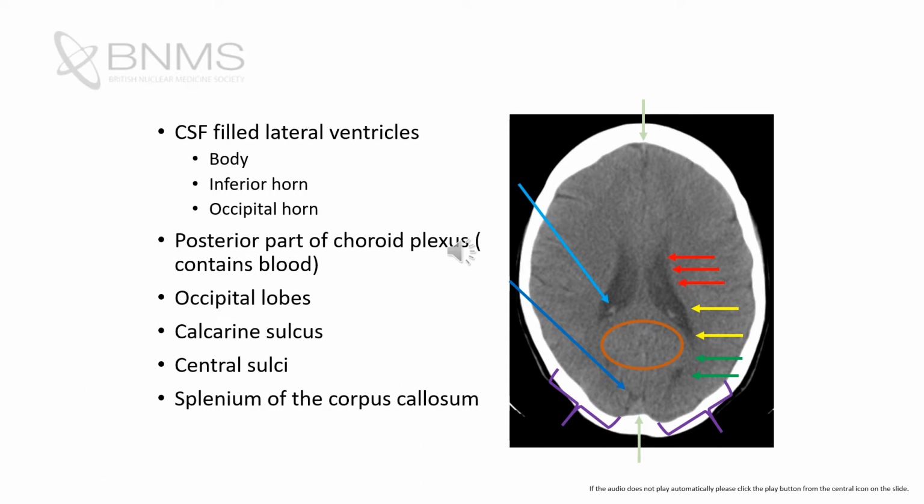This is where CSF is produced. The two purple brackets show the beginnings of the superior part of the occipital horn. Remember the clear definition of the parietal from occipital lobes on the lateral aspect of the cerebrum is unclear.